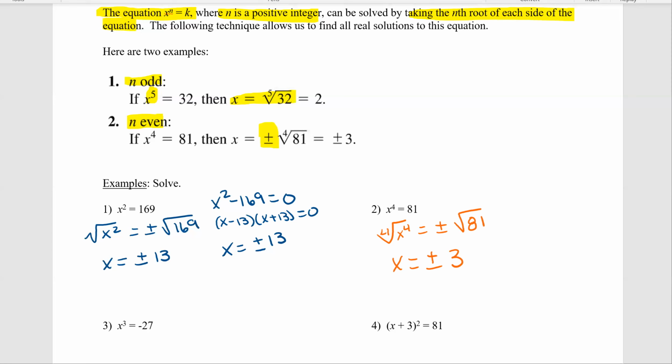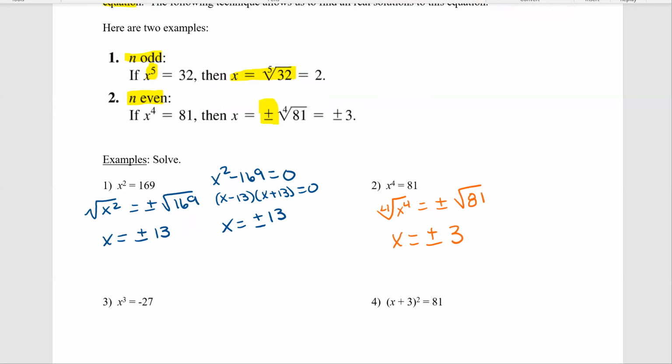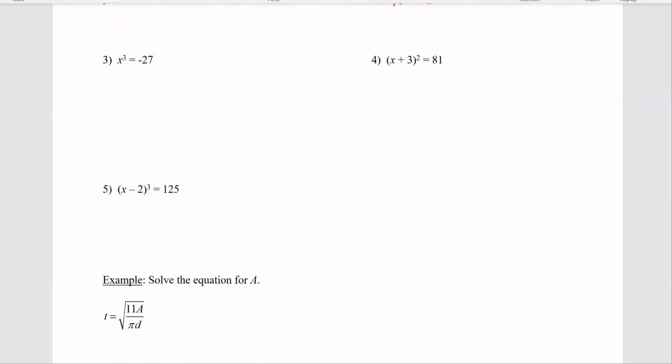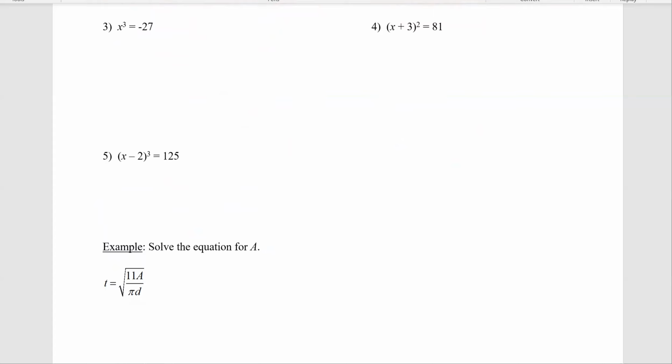Number 3, we have x cubed is equal to negative 27. So to undo a cube, we would take the cubed root. The cubed root of negative 27 is negative 3.